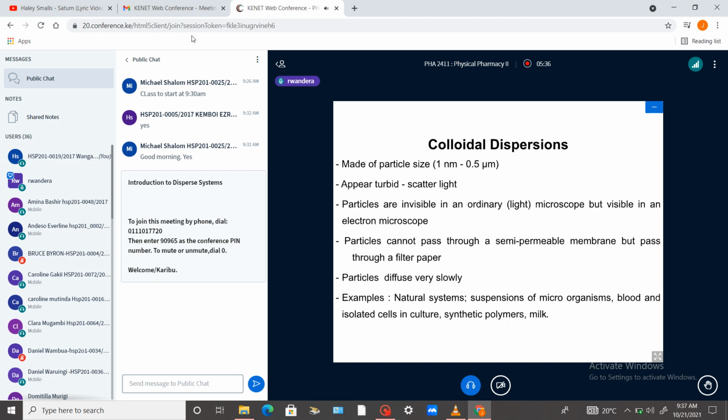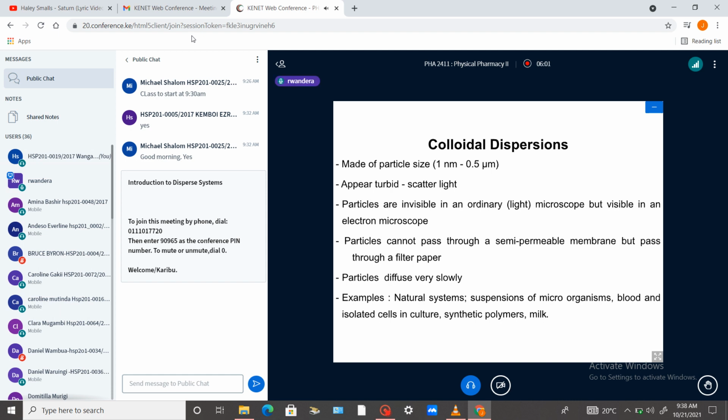Now, colloidal dispersions, what will form our focus discussion. So their particle size ranges from between 1 nanometer to 0.5 micrometers. That's their size range. They scatter light, and therefore they appear turbid in nature.